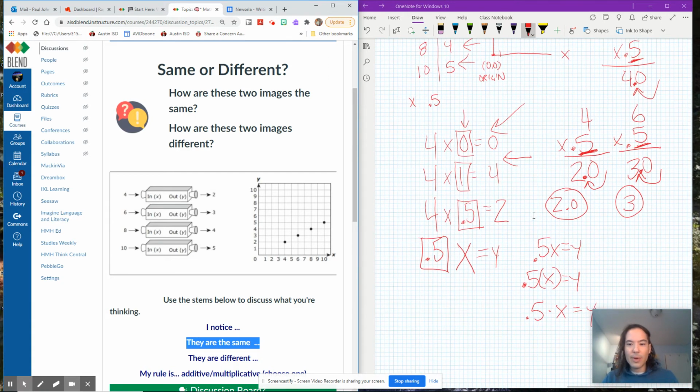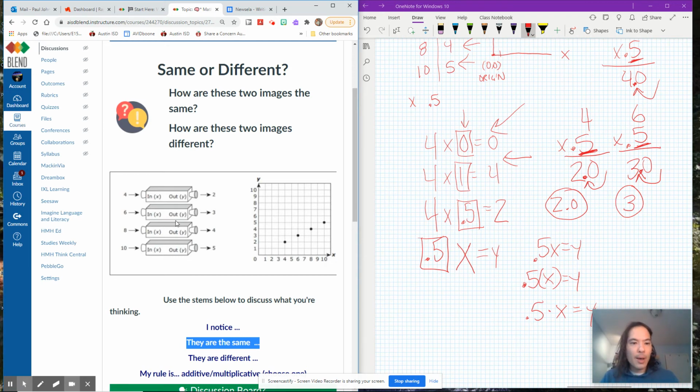All right, so what we've figured out is we have a multiplicative rule where we're multiplying times half, or 5/10, because all of these numbers are halving, right? Half of 4 is 2, half of 6 is 3, half of 8 is 4, half of 10 is 5, right?